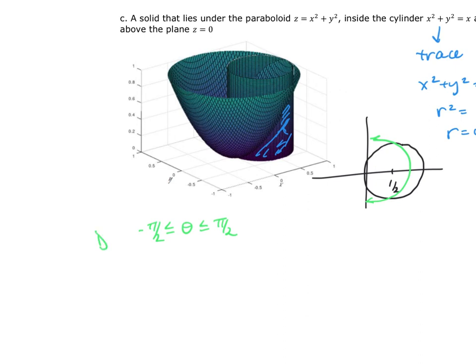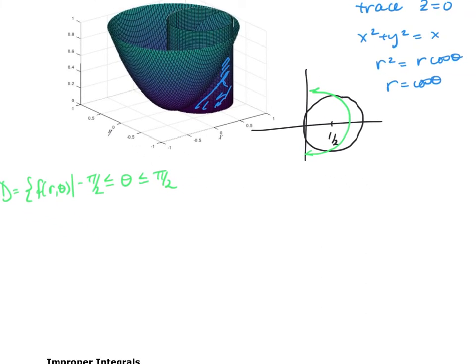So my region D, r comma theta. So that takes care of the theta. And my r is going to be constrained between 0 and that function, which is the cosine of theta.